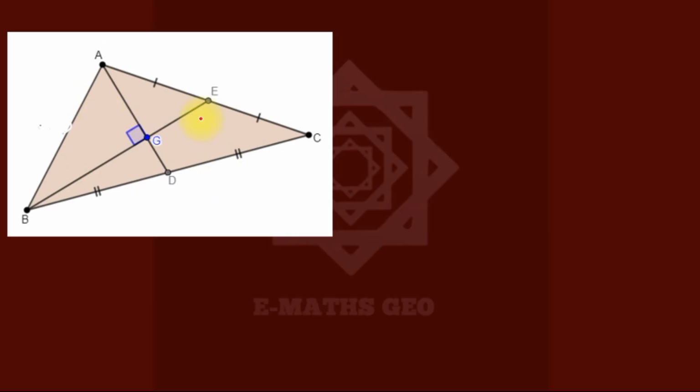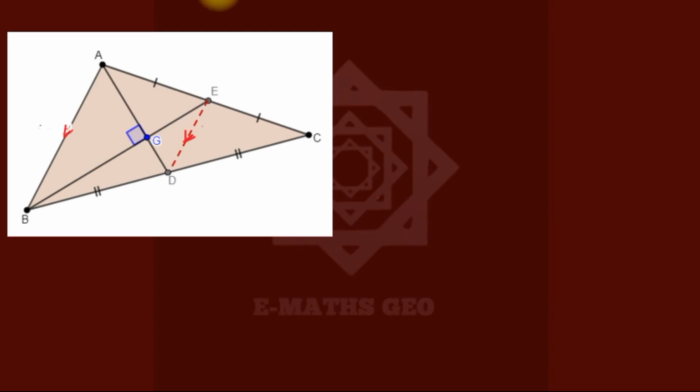So let's join E to D. Let me add an auxiliary line joining the two midpoints. As long as E and D are the midpoints, this line is always parallel to the third side. That is the mid-segment theorem, and it is also equal to half the side.